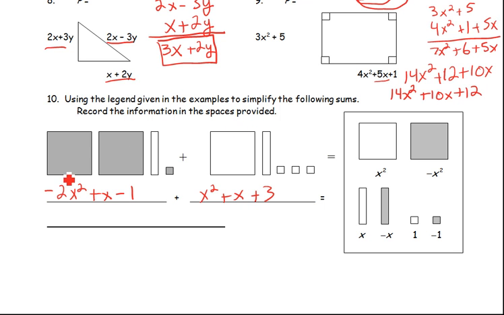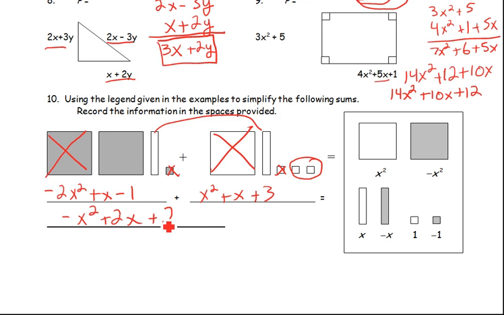So now if I do my 0 pairs, this and this cancel out. This and this will cancel out. So what do I have left? I have a negative x squared. I've got 2 x's, and then I have 2 left over right there.